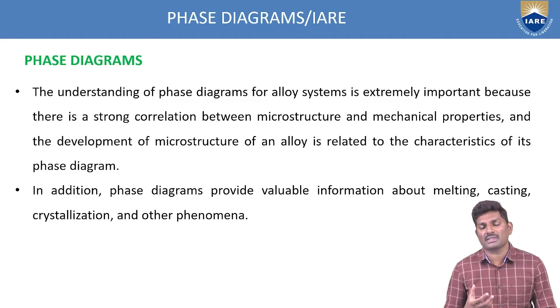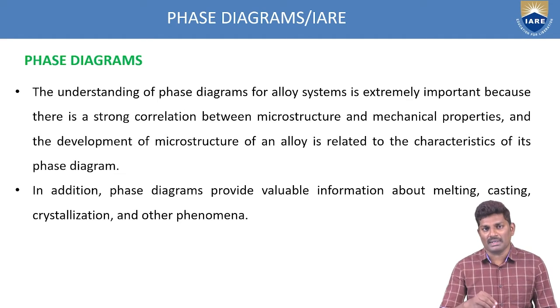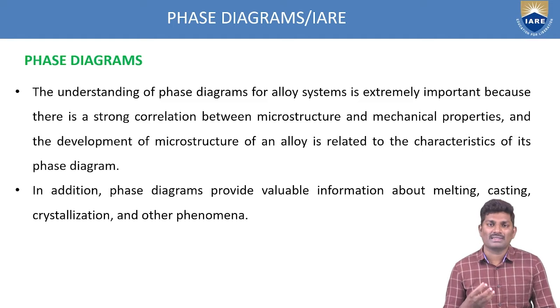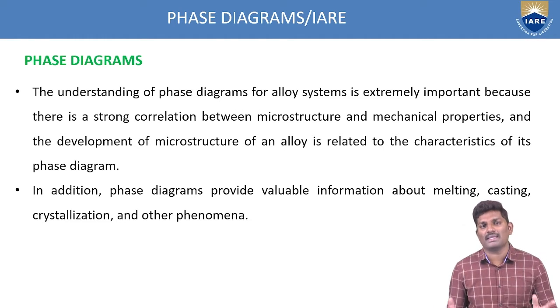If you add alloys to the metal, that is, a substitute to the metal, we can improve the microstructure as well as the characteristics of the given metal. So if you understand the concept of the phase diagram and how to draw it, then it is very easy for us to categorize them.